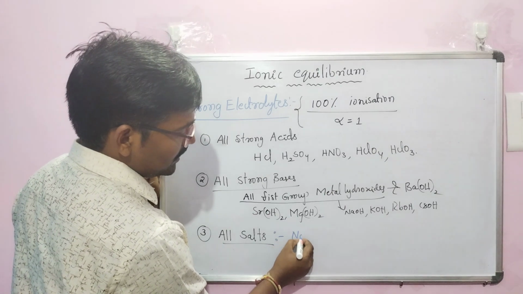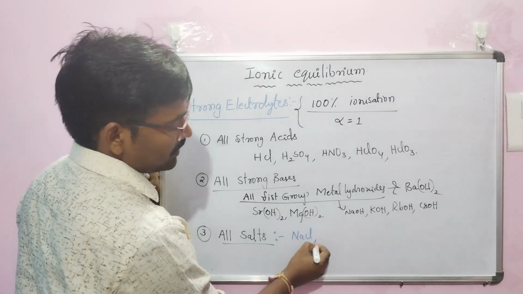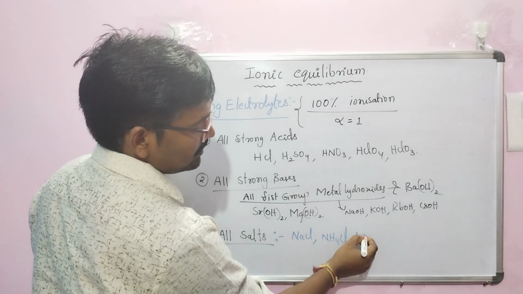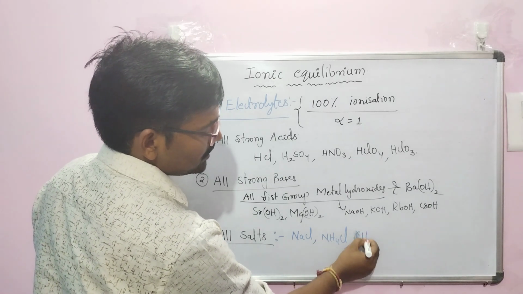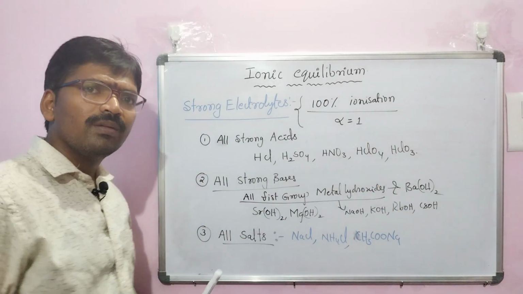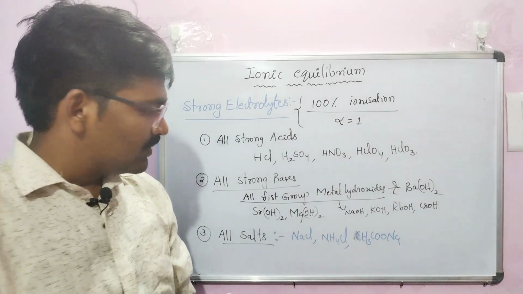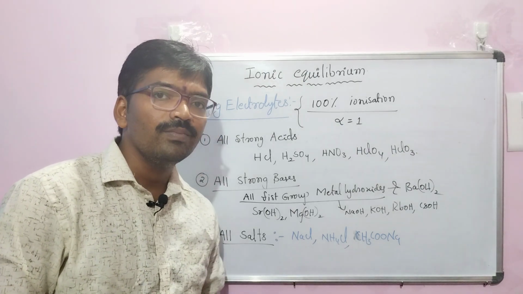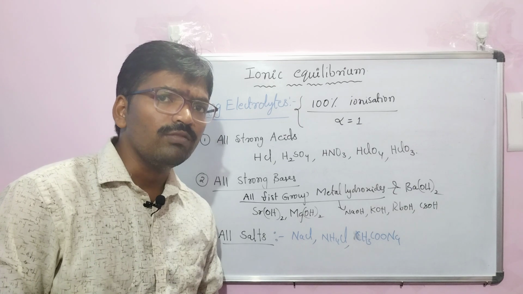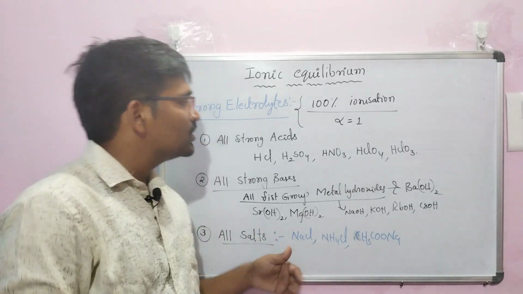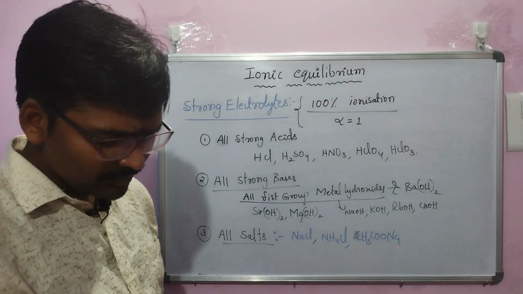For example, NaCl, then NH4Cl, CH3COONa. These all are salts. Salts are formed from one acid and one base. So all these are strong electrolytes.